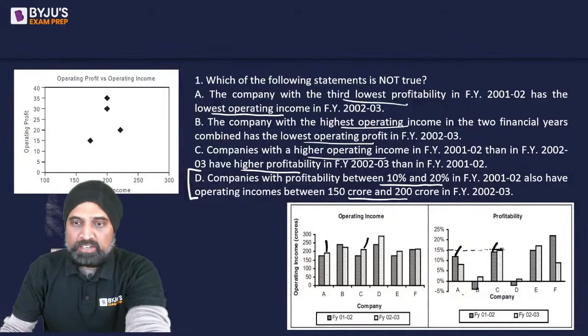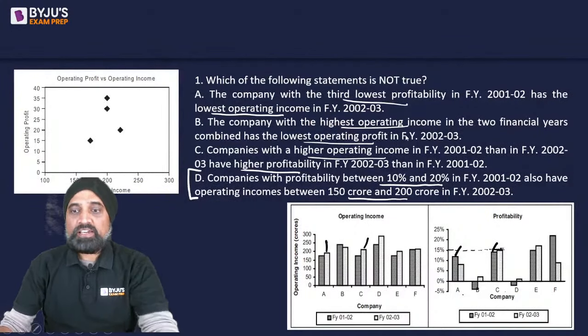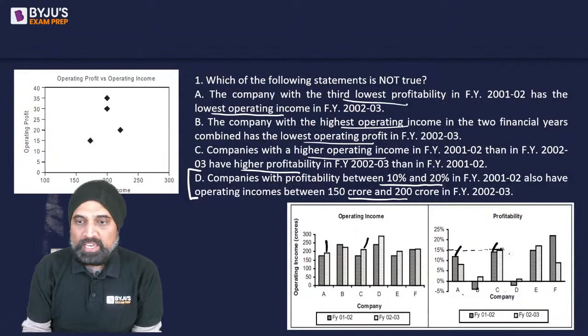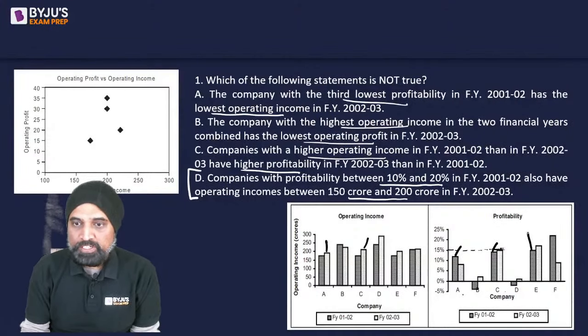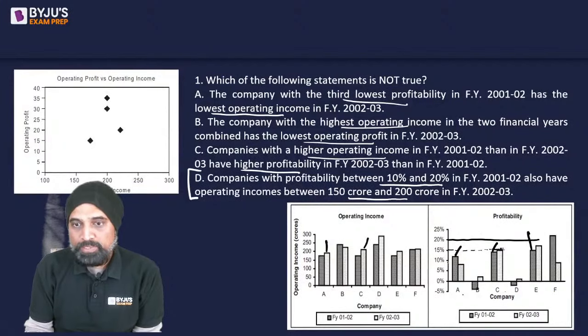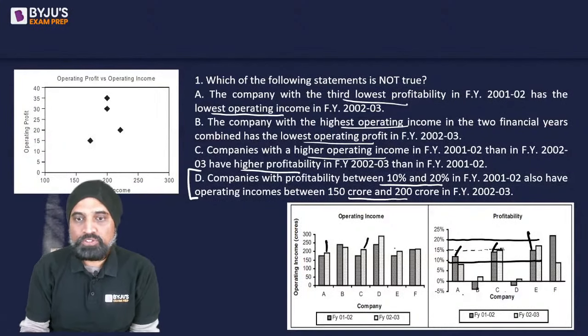Jaydev is asking, why not E? Jaydev, if you look at fiscal year 2001-2002, this is more than, acha, 10 and 20% hai na? Sorry. Right. So this is between these two. So 3 companies, right?